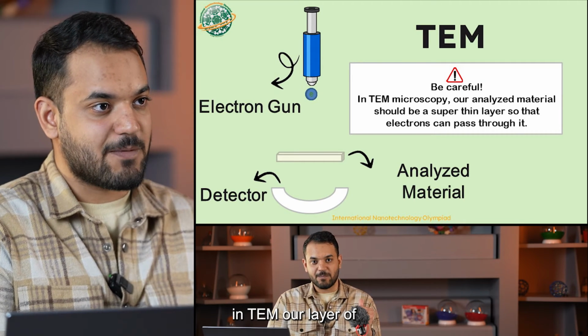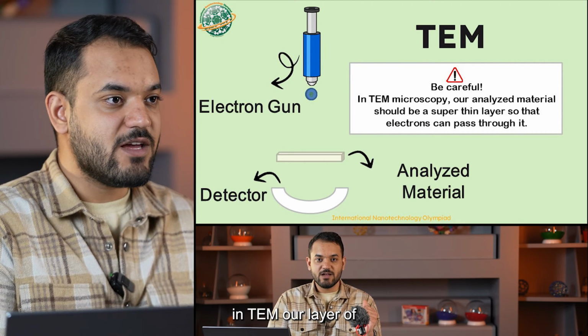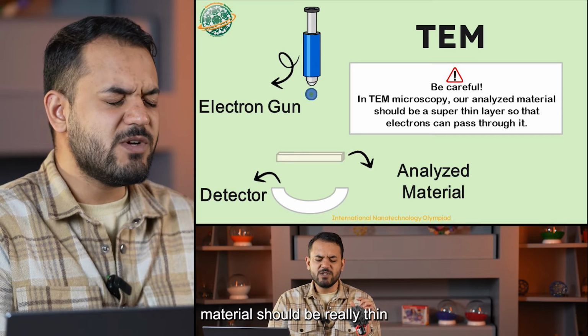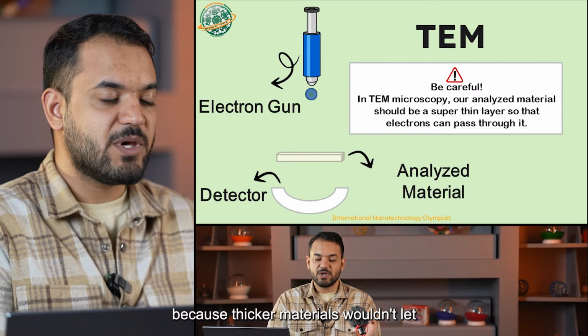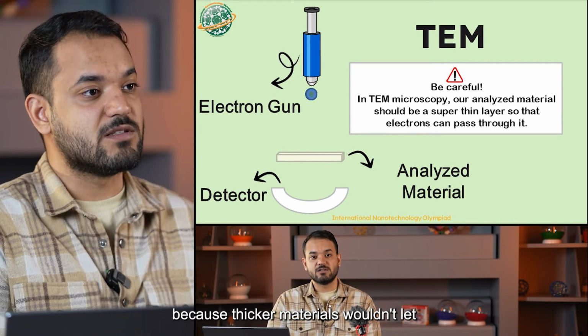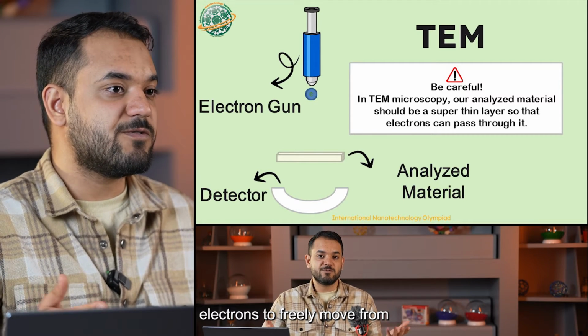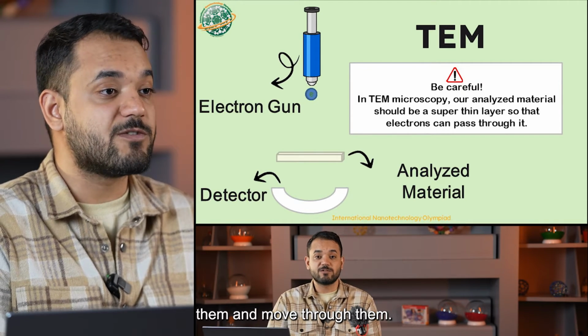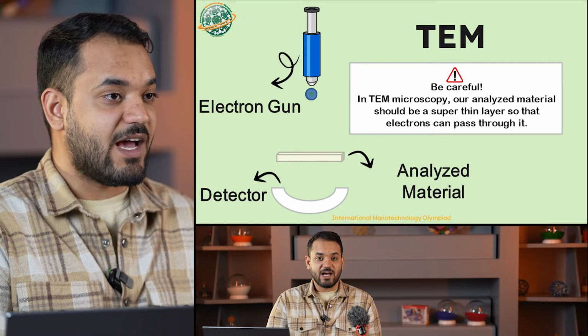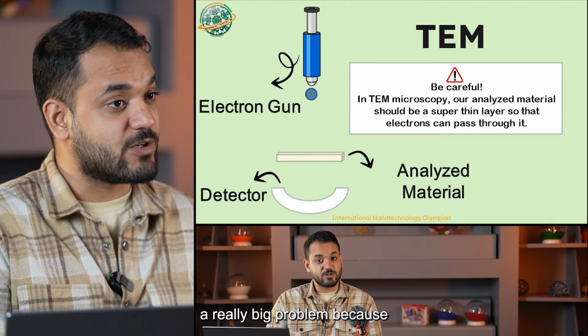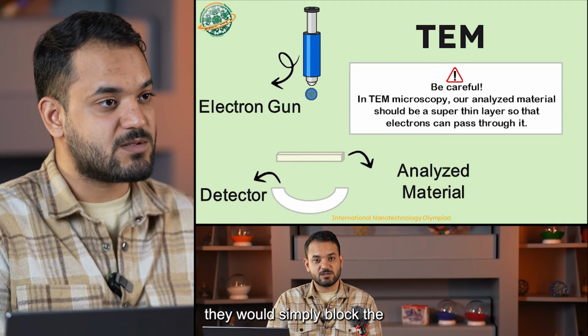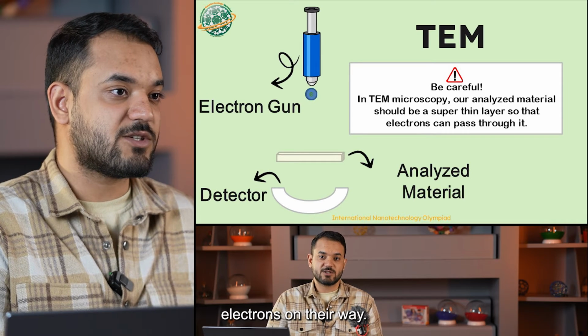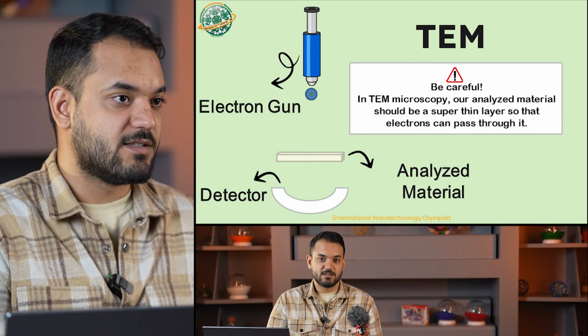In TEM, our layer of material should be really thin, because thicker materials wouldn't let electrons freely move through them. And thick materials would be a really big problem because they would simply block the electrons on their way.